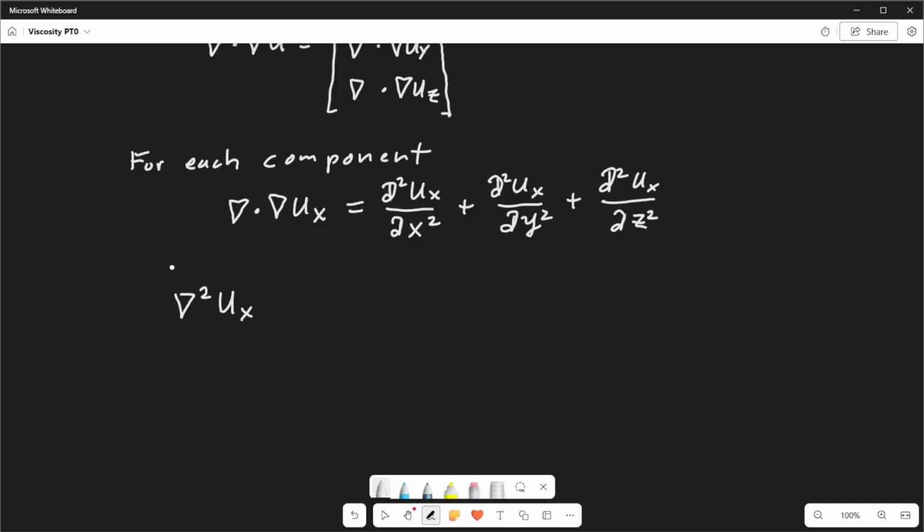This thing, delta squared ux, is what contributes to basically the change in the velocity field as it changes in time.